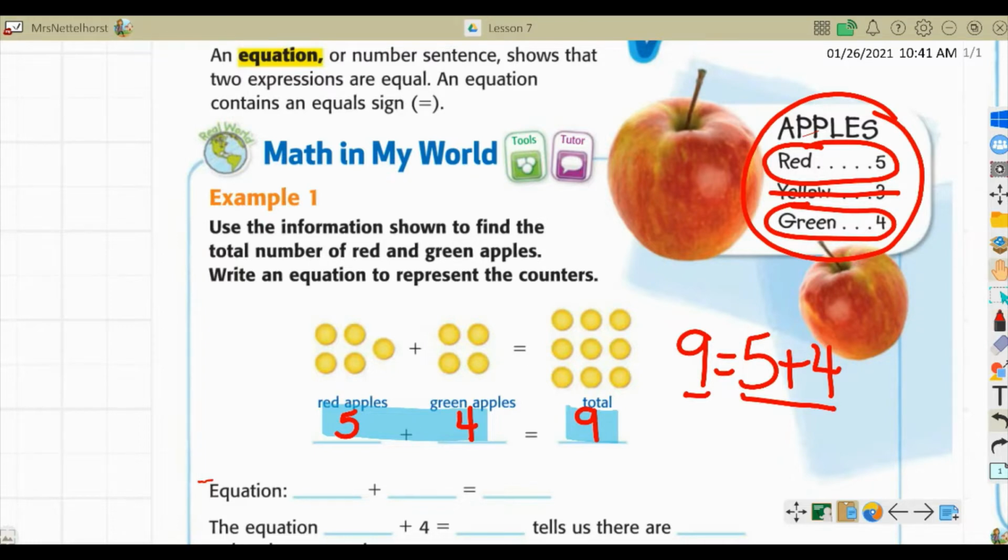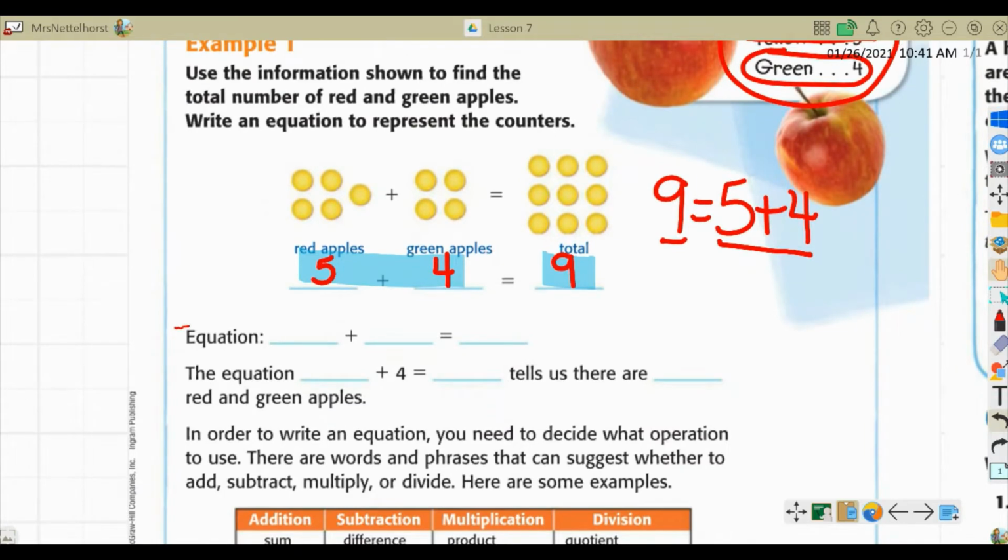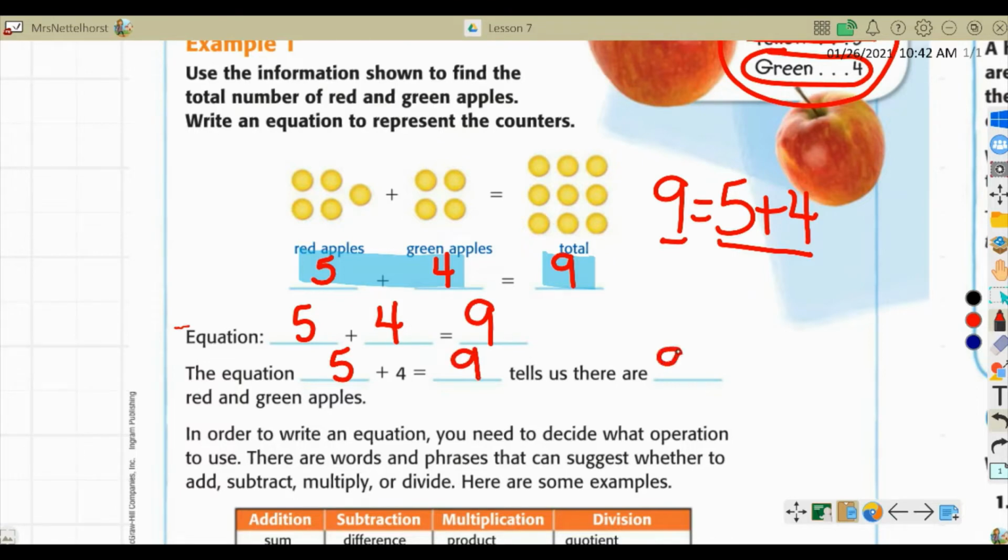Okay, let's move on. So our equation is 5 plus 4 equals 9. The equation 5 plus 4 equals 9 tells us there are 9 red and green apples.